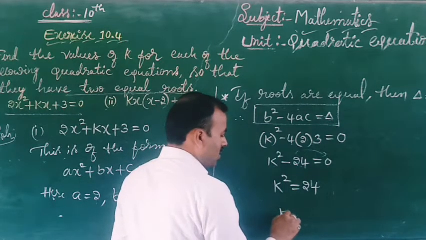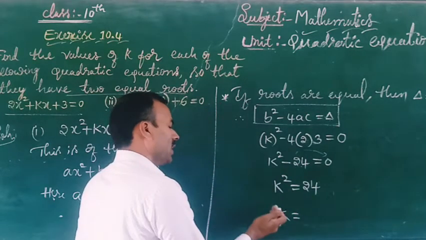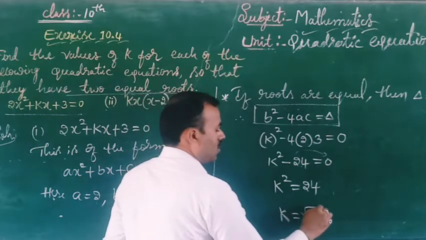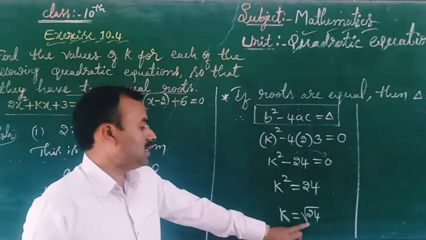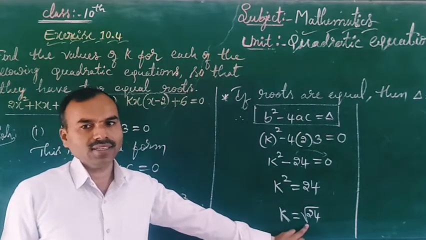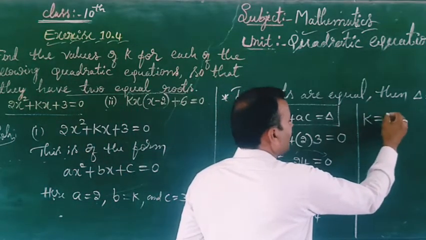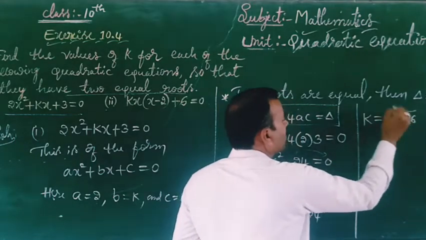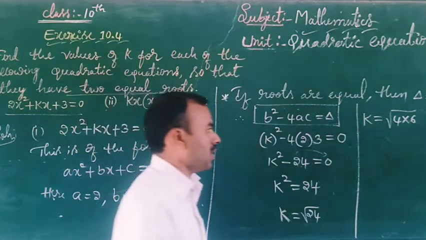Now taking square root on both sides, the square root cancels the square, so k equals square root of 24, and this can be written as a perfect square and a non-perfect square: square root of 4 into 6. 4 is the perfect square and 6 is the non-perfect square.